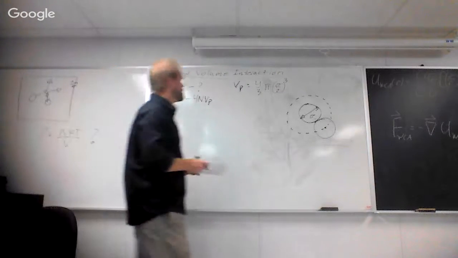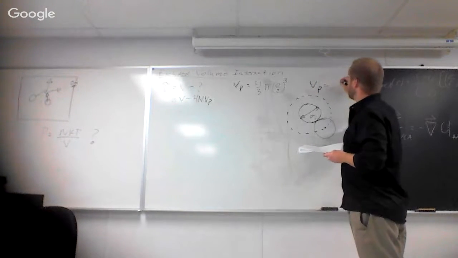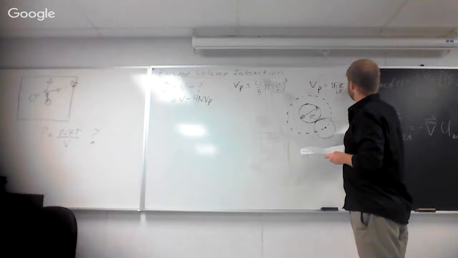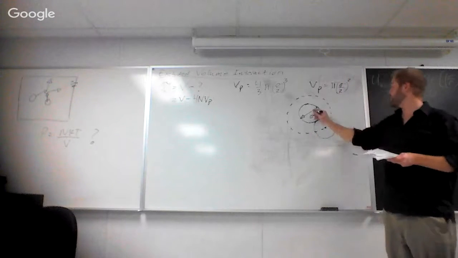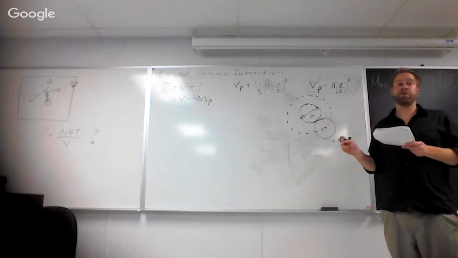So in 2D, the volume we've been talking about is pi r squared, and so this factor of 2 gets squared and we get 4. In 3D it would be a factor of 8. Cool?